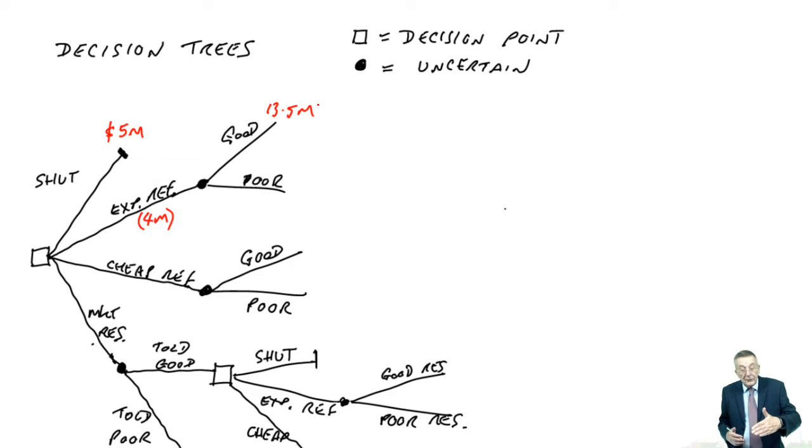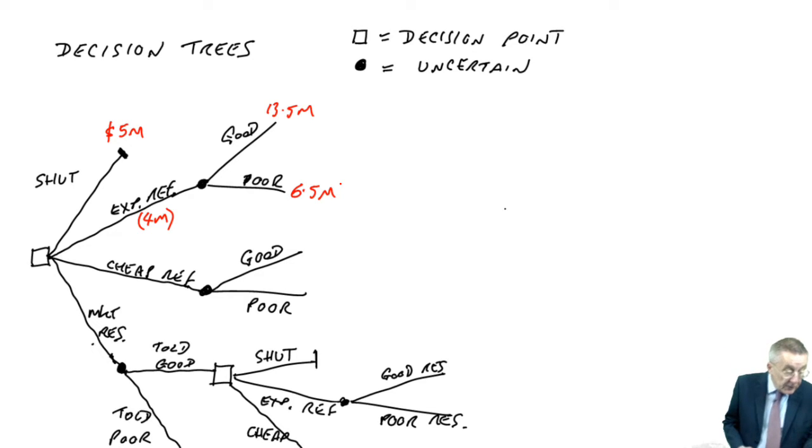So we'd have been paying out 4, then we'll get back 13.5, a net 9.5 million. Or if we do poorly, we'll still have paid out 4 million and we'll get back 6.5 million. So if you prefer, a net 2.5 million.